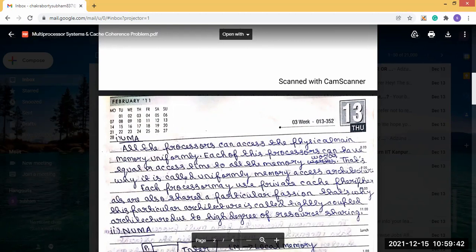That's why this particular architecture is called a tightly coupled architecture, due to the higher degree of resource sharing. All the resources are shared, so a higher degree of resource sharing is there. That's why we call this the tightly coupled architecture.